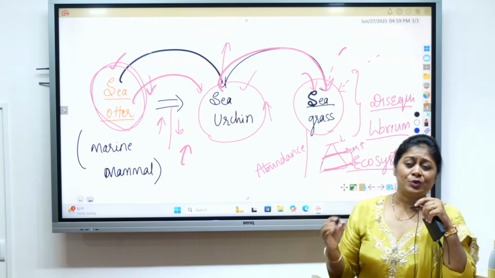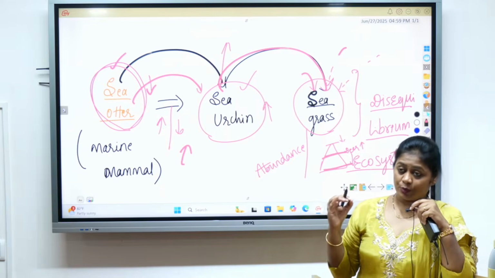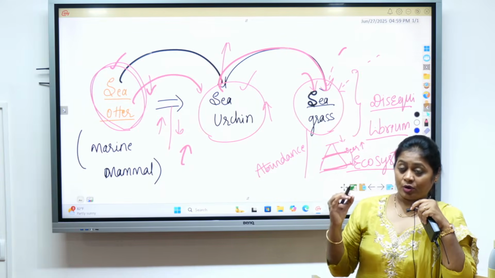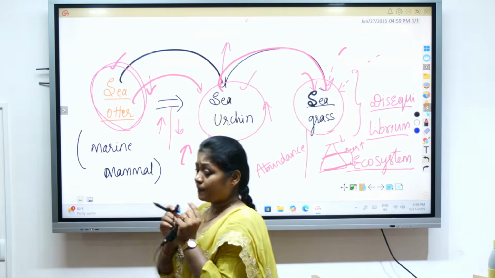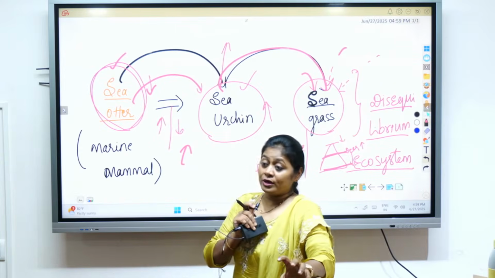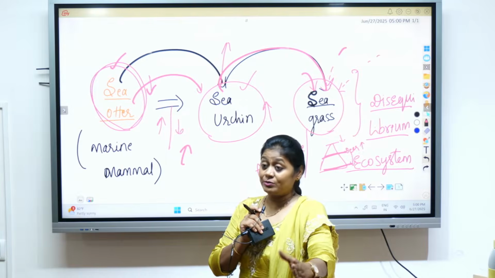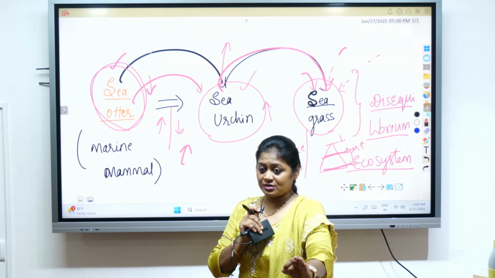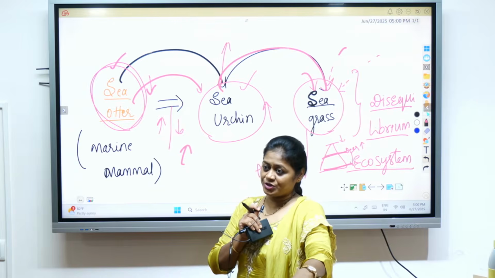Loss of keystone species will lead to degradation of the whole ecosystem. Very important to know. Don't ever think that only top carnivores or predators are keystone species. Even beavers and honeybees can be keystone species.